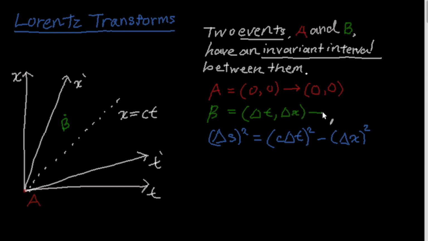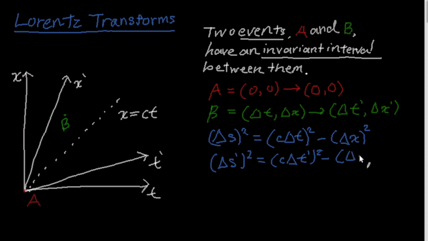So we can write that position as (delta t prime, delta x prime). And as before, we can compute the distance. Delta s prime squared, the distance measured in the primed frame, is equal to c delta t prime squared minus delta x prime squared.